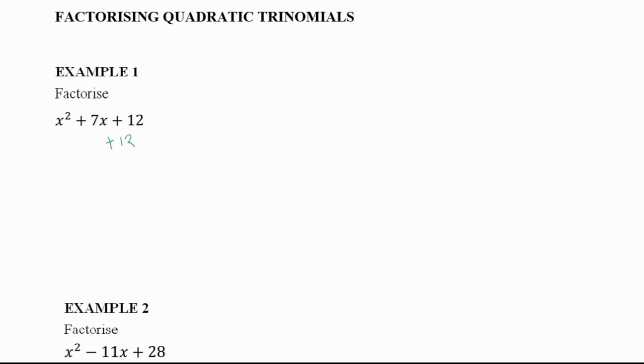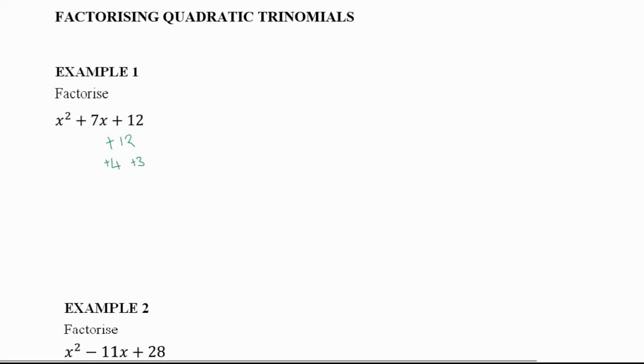So let's think of possible factors of 12. There's quite a lot of them, but I'm thinking of 4 and 3. If I take a positive 4 and a positive 3, positive 4 times positive 3 does give me positive 12, and positive 4 plus 3 gives me positive 7.